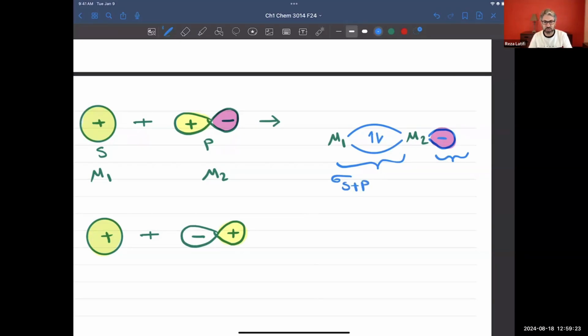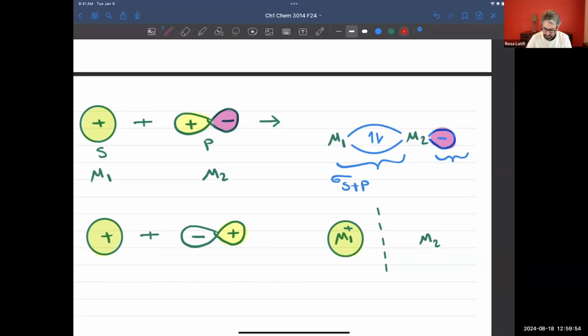But what if they are out of phase? If they are out of phase, this is going to happen. You will have M1. Clearly there is a node between them, so you will show that you have a node there, and then show M2. This is the first orbital, let's say, and we're going to call it, for example, yellow. It means here is positive.